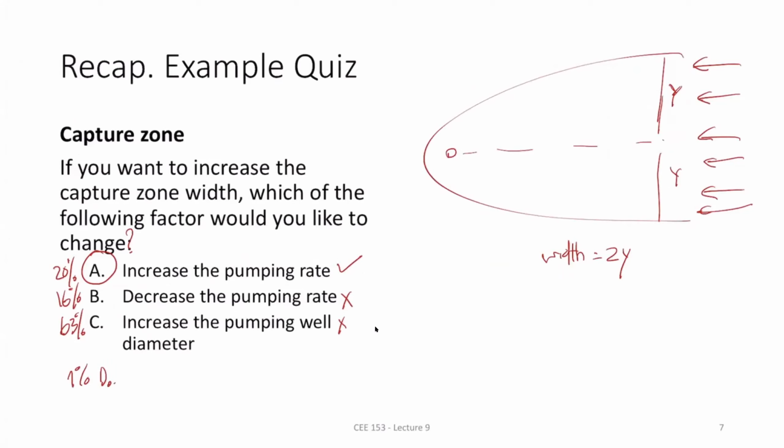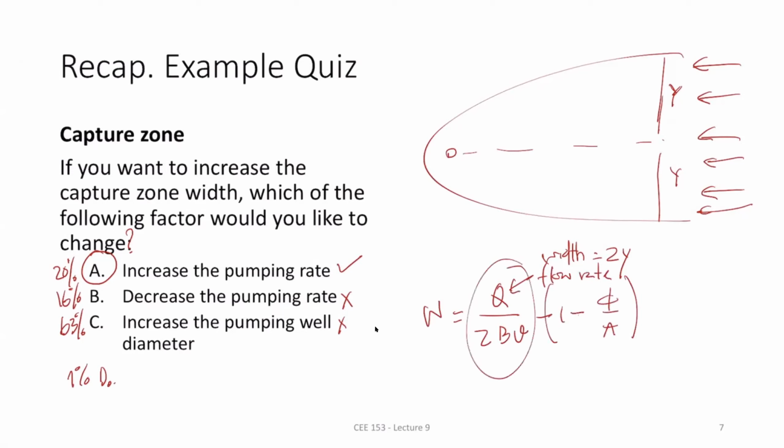Okay, what's the formula for this? So there's a formula: Q over 2BV. That's the width. Q is flow rate. And there is a term with the angle, 1 plus or minus something, I have to check. Forget about this angle, but this is the maximum width.